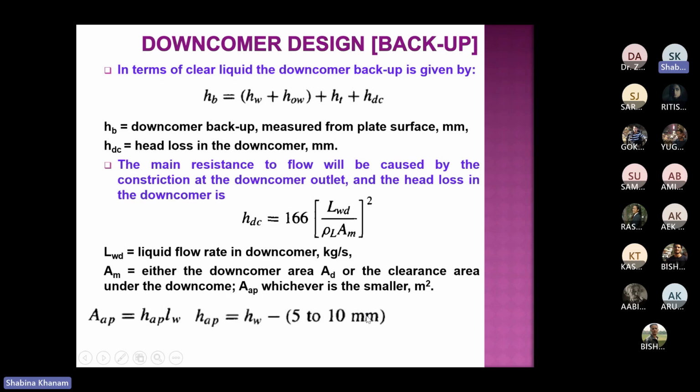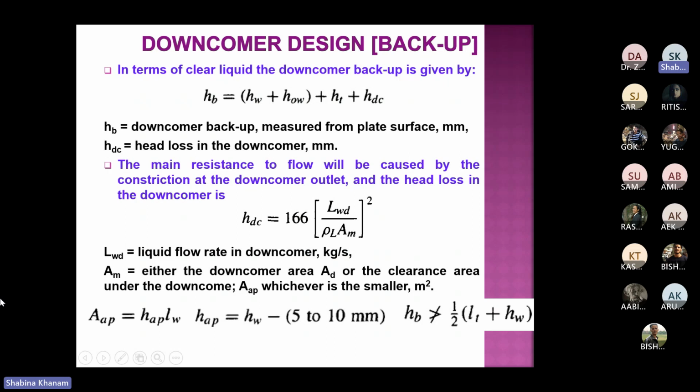So it is better to consider this HAP like this, it should be lesser. And thus we consider HW minus 10 mm. I hope you are getting HW minus 10 mm.